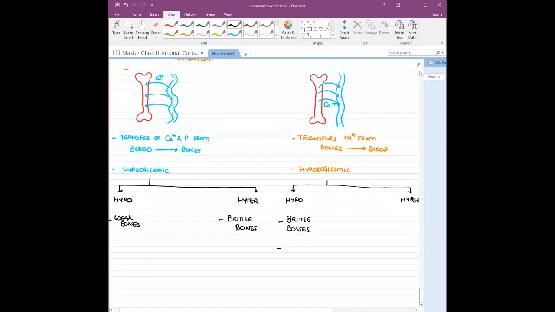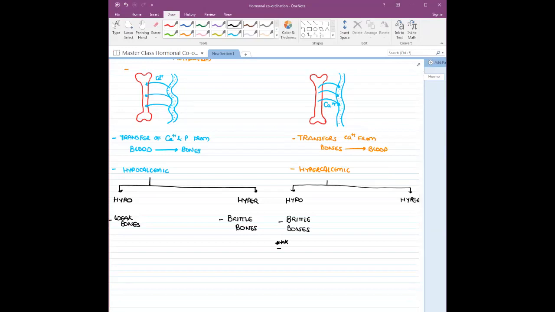First thing, guys. Second, this is the most important thing that is going to happen. Because calcium ions are not going to be transferred into the blood, can I say the calcium levels in the blood are going to decrease, right? So if the calcium levels are decreasing, guys, now what happens?